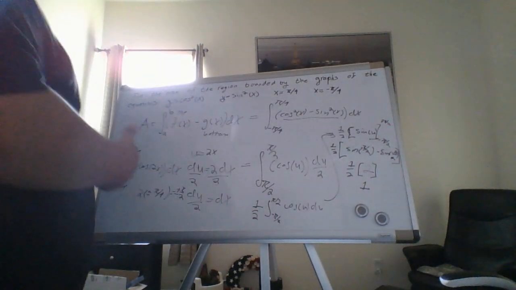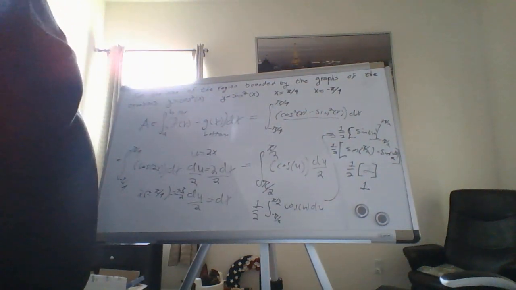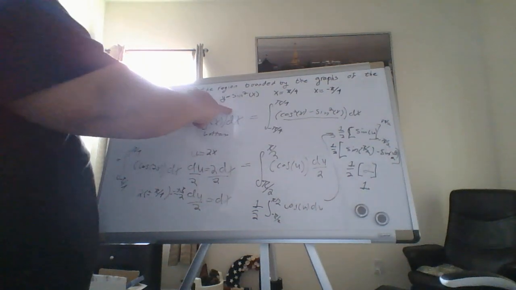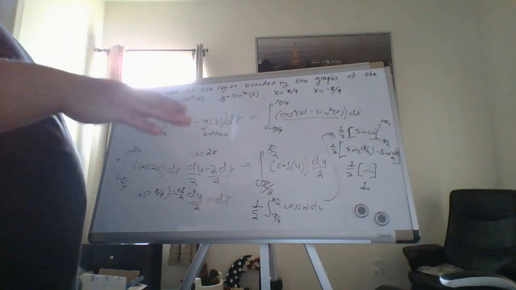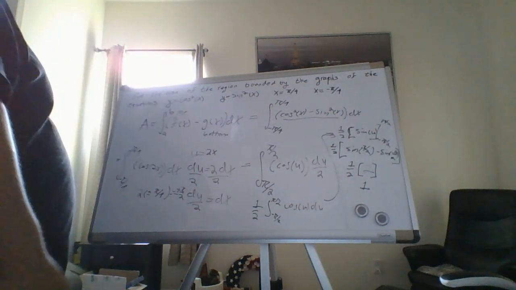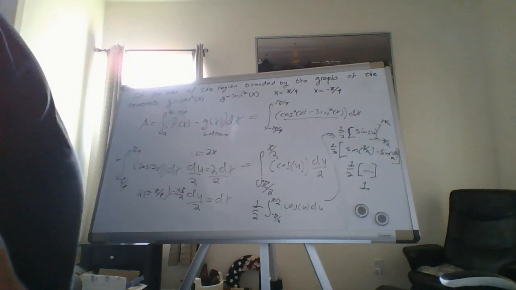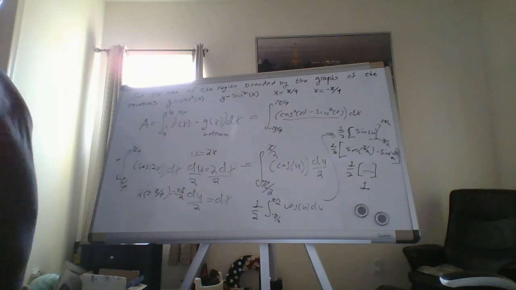So this is how you do an area between two regions problem. If you don't have one of these two, that's a completely different problem. If you don't have two functions, you won't be able to get this whole area formula, and that sucks.